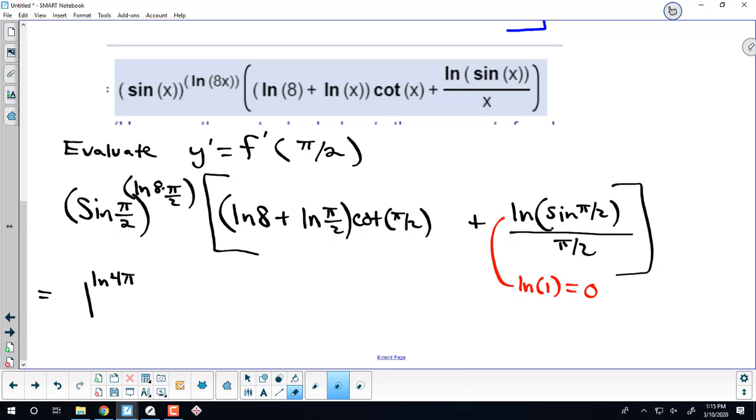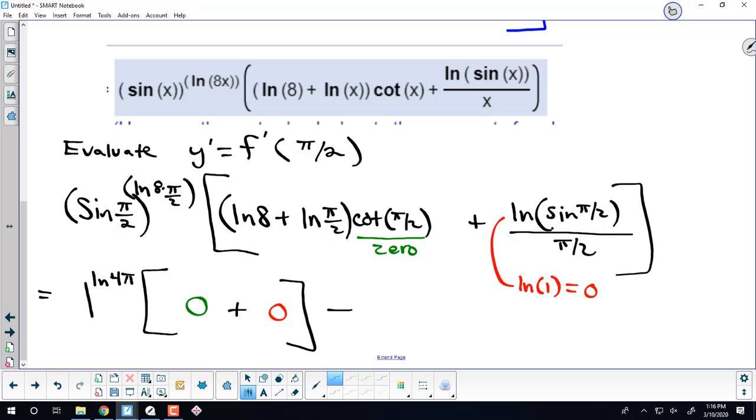So that's 1. Then what's the cotangent of pi over 2? 0. So all of this is 0, all of that 0 plus all of that 0. So we have 1 times 0 plus 0. Not bad.